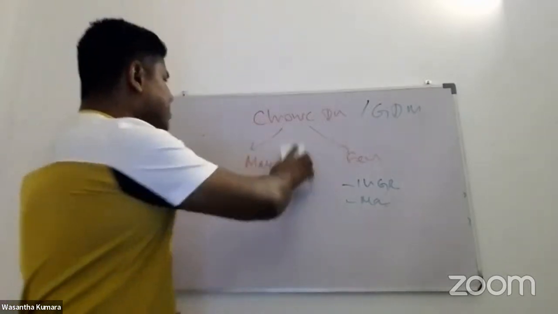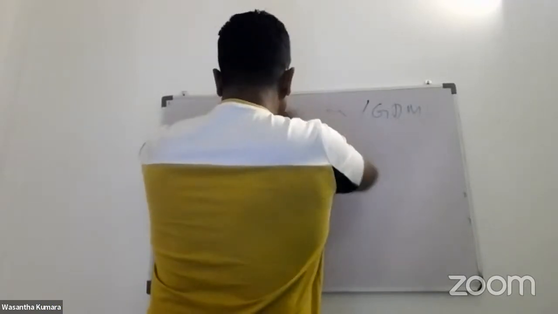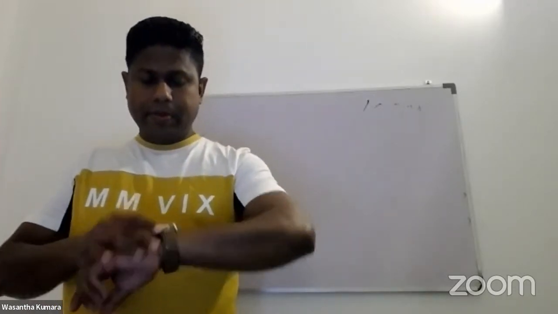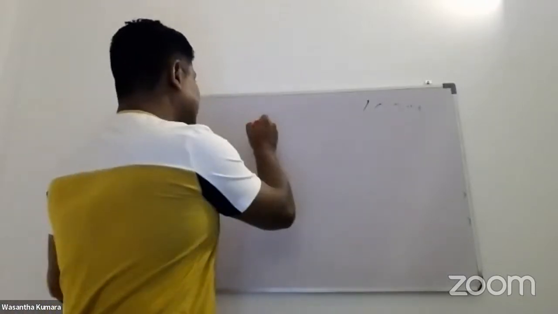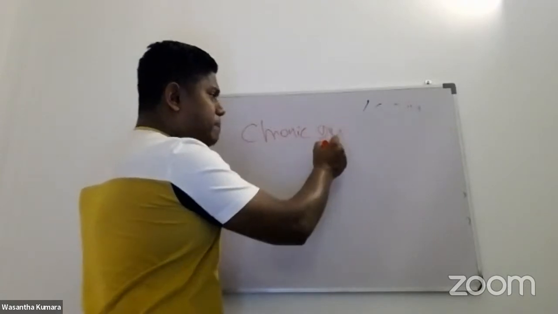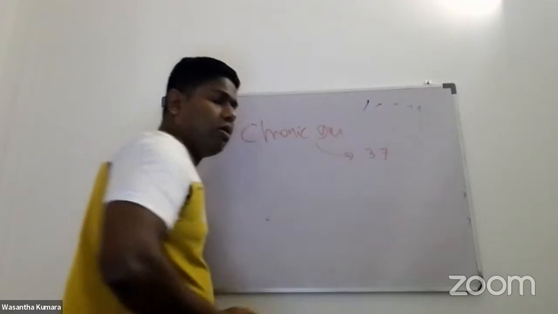When it comes to the time of delivery, normally in chronic diabetic patients, it is better to deliver by 37 weeks.